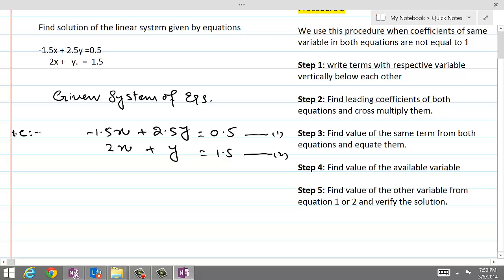And the leading coefficient for the second equation is 2. What we will do is cross multiply, which means that the leading coefficient of equation 2 will be multiplied with equation 1 and the leading coefficient of equation 1 will be multiplied with equation number 2.